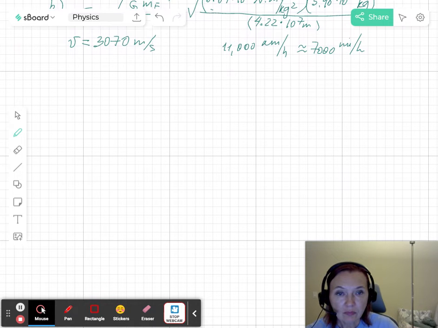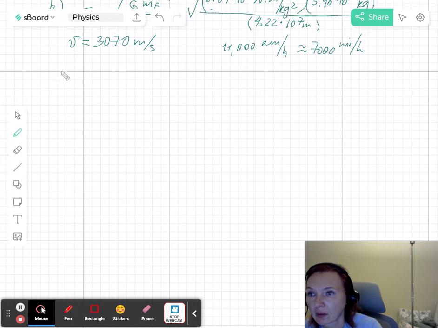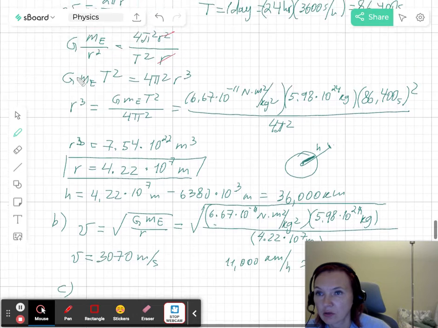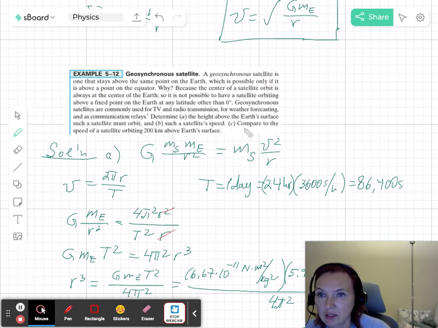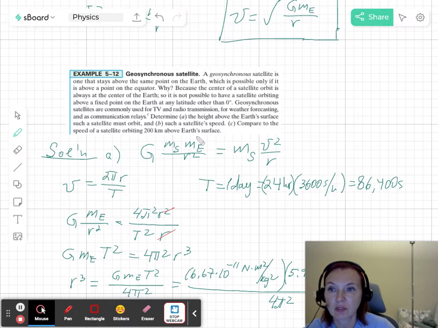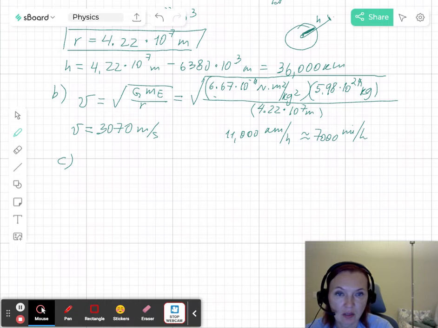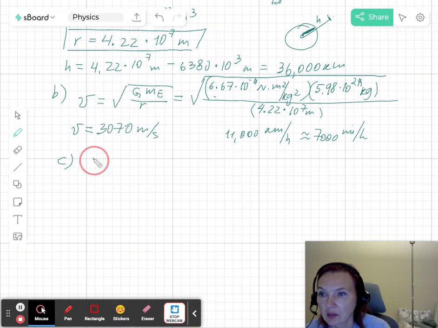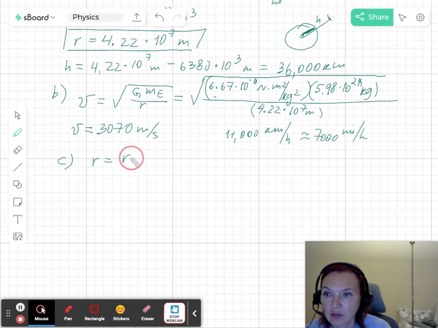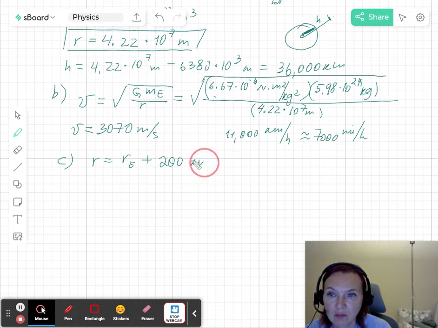Okay, part C is asking us, let's go back to take a look at part C. So part C says, compared to the speed of a satellite orbiting 200 kilometers above Earth's surface. So that means that the radius is going to be now radius of the Earth plus 200 kilometers.